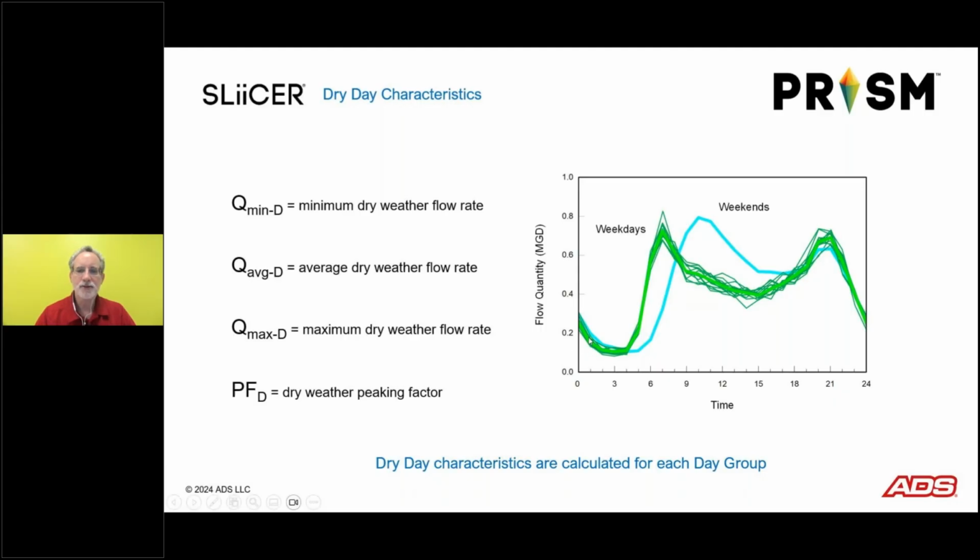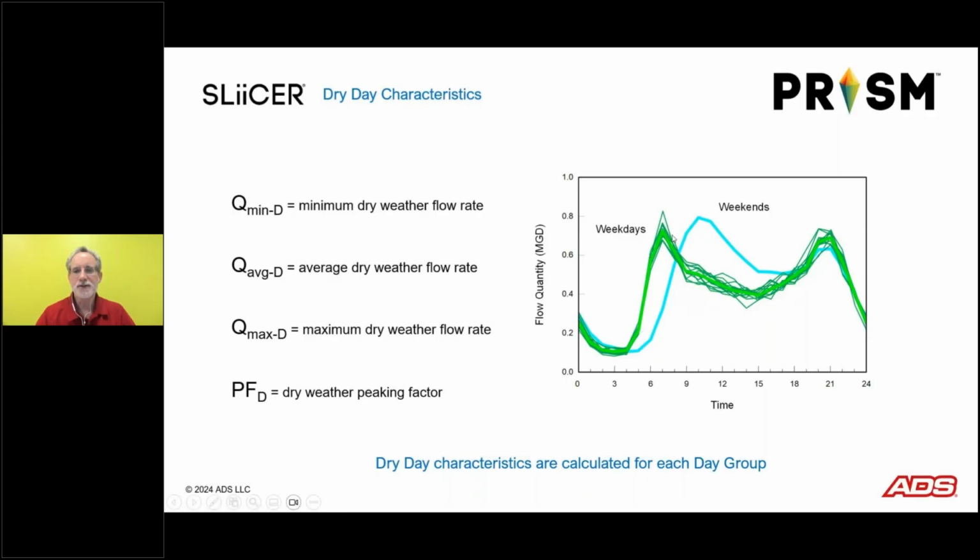It's the minimum and maximum of this average curve. So this bright green curve right here, what is the minimum flow on that curve, which is going to be down here in the early morning hours. What's the maximum, which in this case is going to be in the morning, and then of course the average is sometimes in the middle.